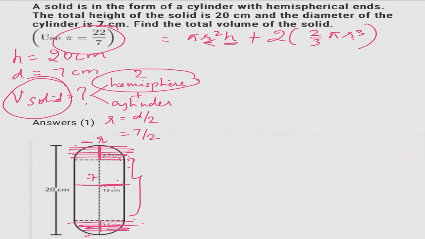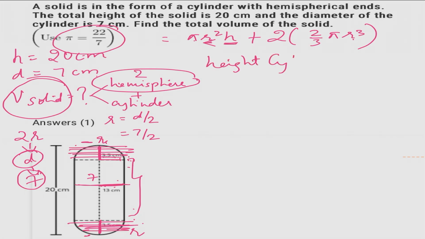You can observe here, from here to here it is radius. From here to here it is also again radius. R plus R is nothing but 2R, which is again the diameter value, that is nothing but 7 centimeter. So, subtract this 7 from 20, we will be getting the height of the cylinder.